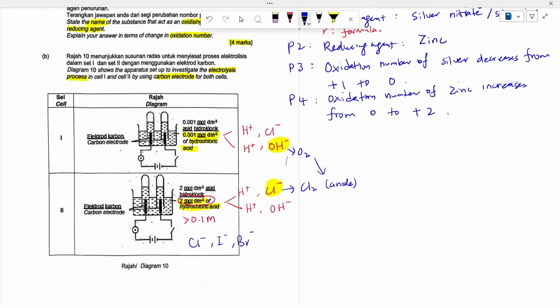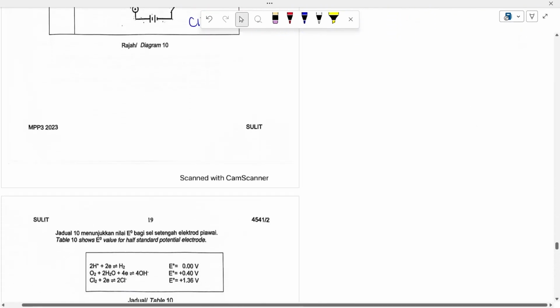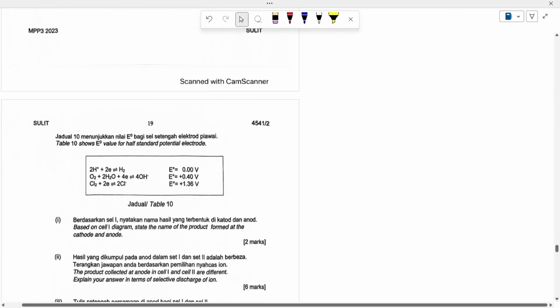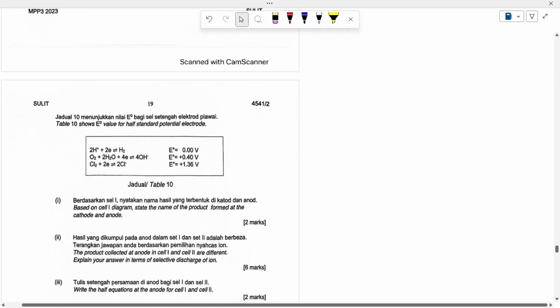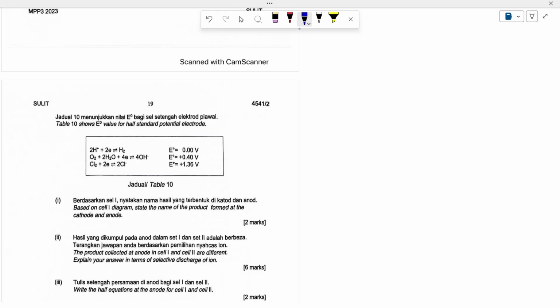Okay, now let's see what the question is. It shows the standard electrode potentials: hydrogen, oxygen, hydrogen ions, hydroxide ions, and the chloride ions. So based on cell 1, state the name of the product formed at the cathode and anode. For set 1, the anode undergoes oxidation, right?